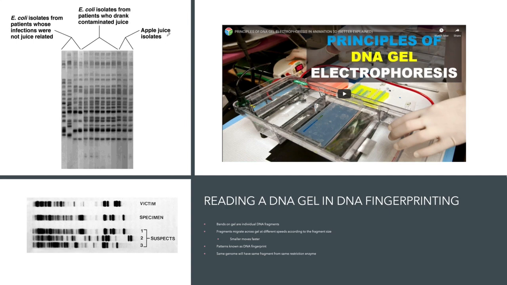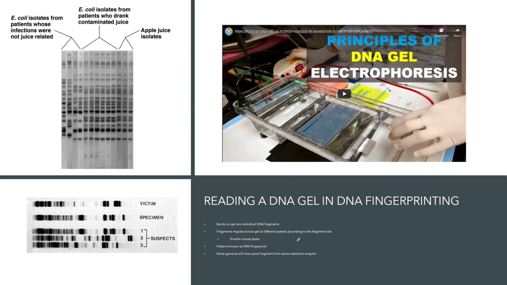They realized it was coming from apple juice, and then they went through patients who had had apple juice, and they took E. coli from those patients that were showing the signs and symptoms of that infection, and they ran a DNA fingerprint between the isolates from patients who drank juice, isolates from patients who did not drink juice, and compared them to isolates from the actual juice itself to see which patients got their E. coli infection from the apple juice and which ones did not.